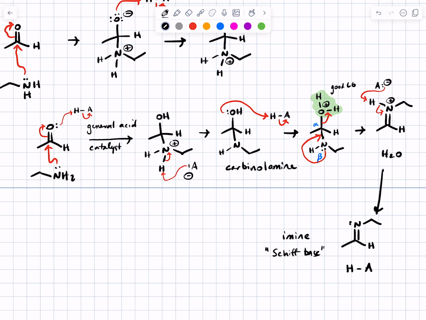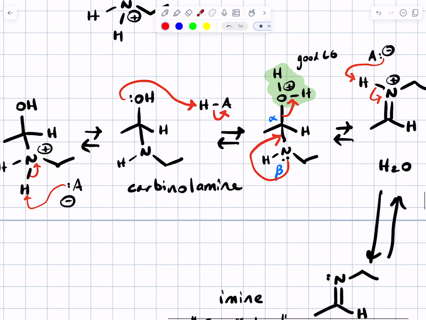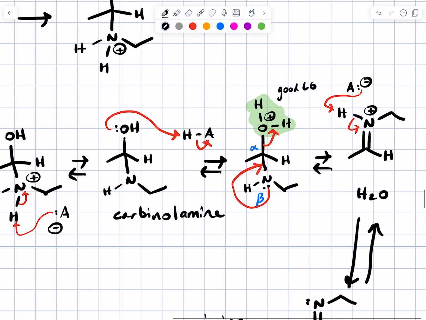Now, I want to point out, this is something you're going to hate, so prepare yourself, that every step in this mechanism is totally reversible. And that makes the most sense when thinking about the various proton transfer steps in this reaction.